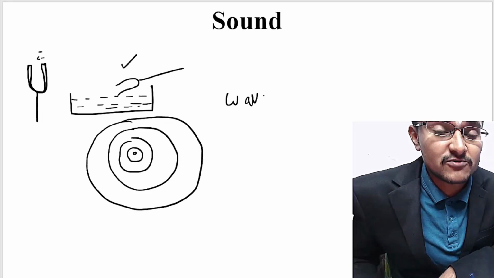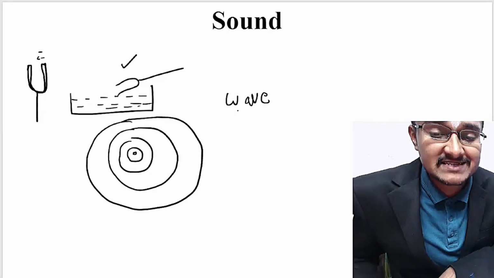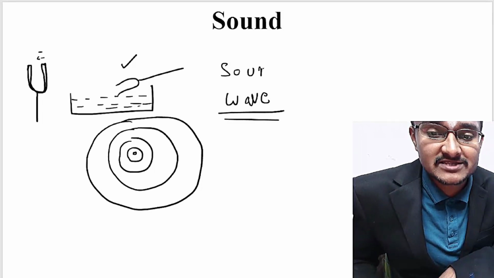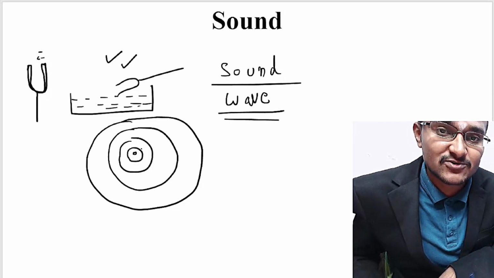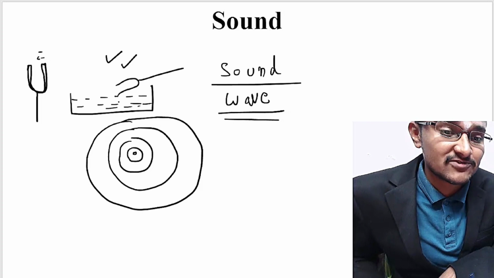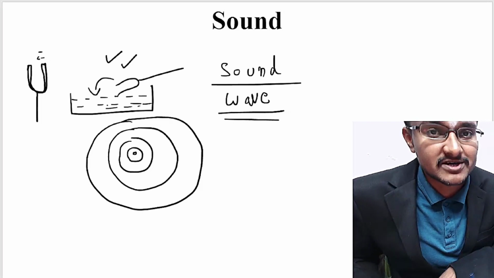That shows the sound which is produced by this tuning fork is in the form of waves. This particular wave is known as a sound wave. To understand this sound wave, you can perform this experiment and you can see those waves when you keep this tuning fork inside water.